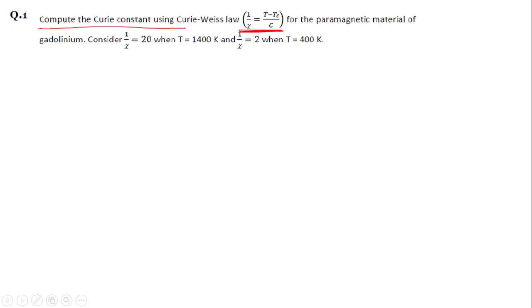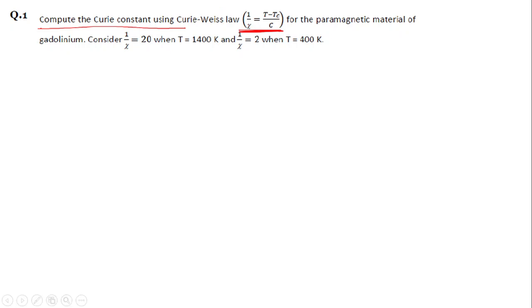So the first question is, compute the Curie constant using the Curie-Weiss law. These things you will get to see when you see the derivations in the lecture, if you have not already seen them. These formulas are directly from there.